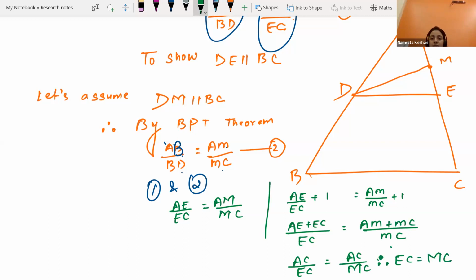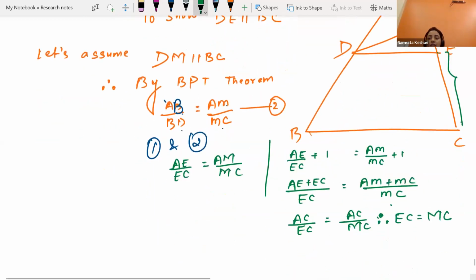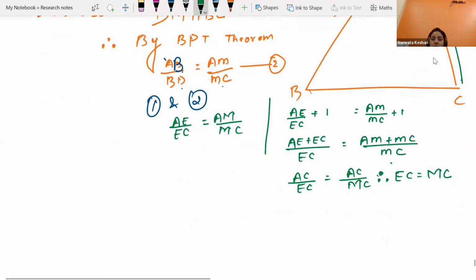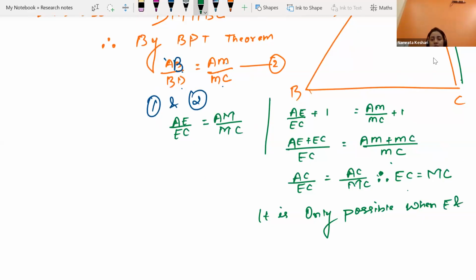EC, the length from E to C, and the length from M to C, these two are equal. Now that is only possible when E and M are the same point. So here we are writing it is only possible when E and M are the same point.